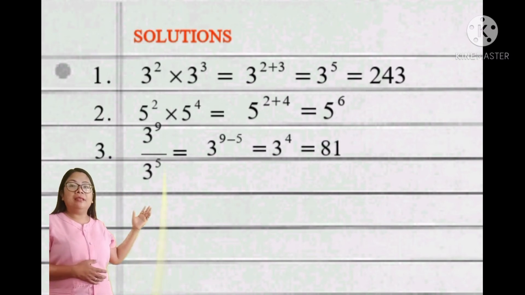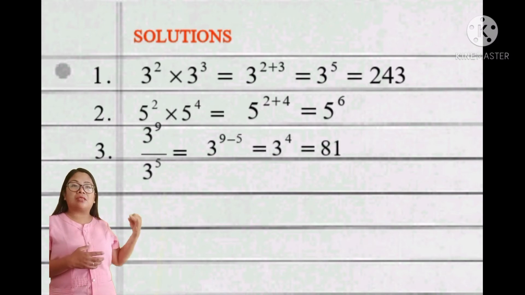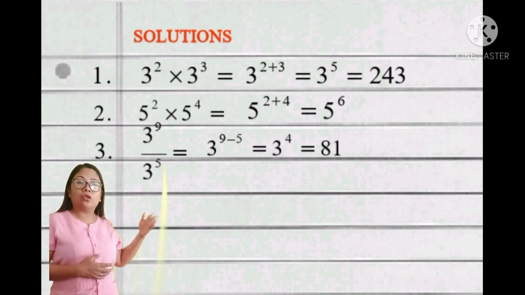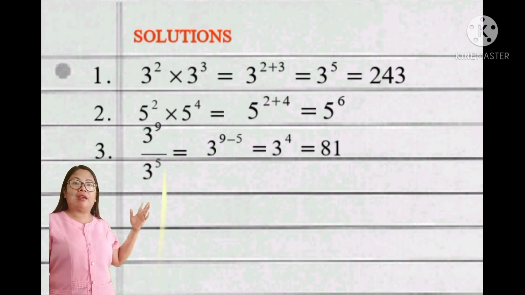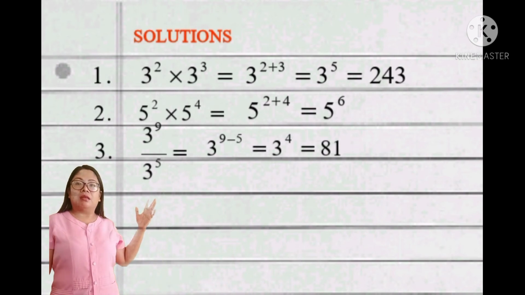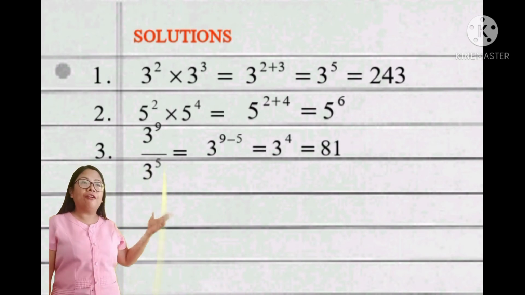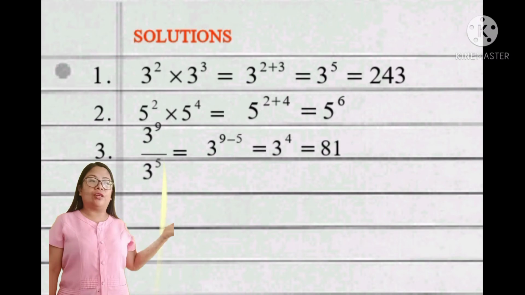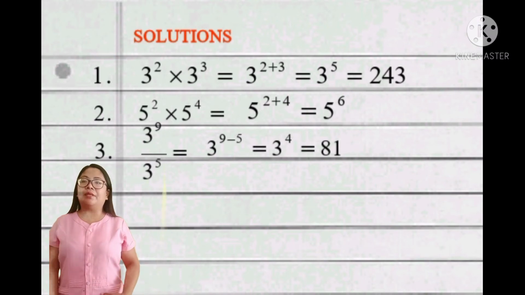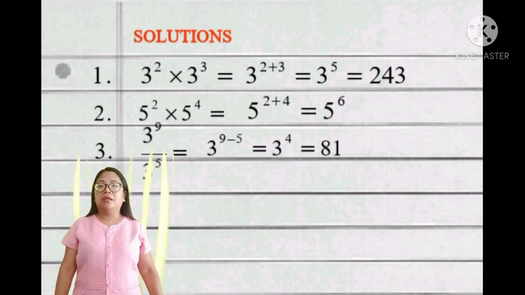Then, 3 times 3 times 3 times 3 times 3. The answer is 243, or 3 raised to 5, or 5 factors of 3. Did you get 243?